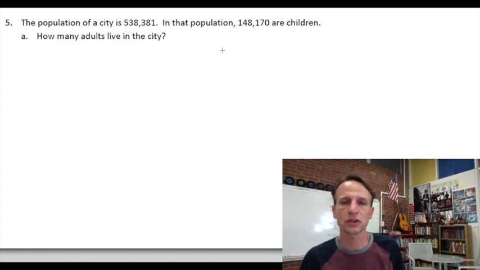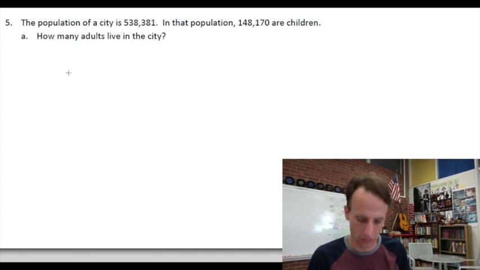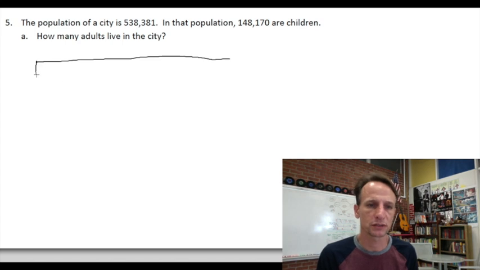In that population, 148,170 are children. So question A is how many adults live in the city? Well, obviously it's the portion which are not categorized as children. So our tape is going to be the whole thing is the whole population, right? That whole tape is the whole population.